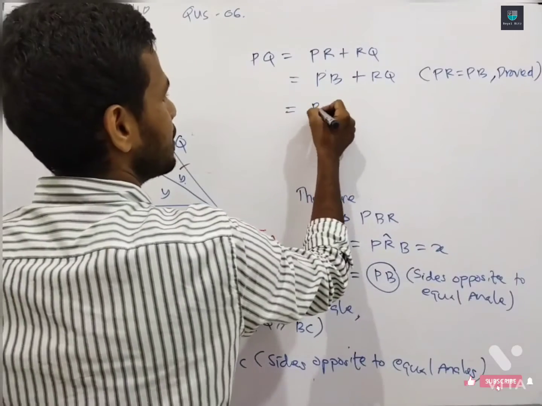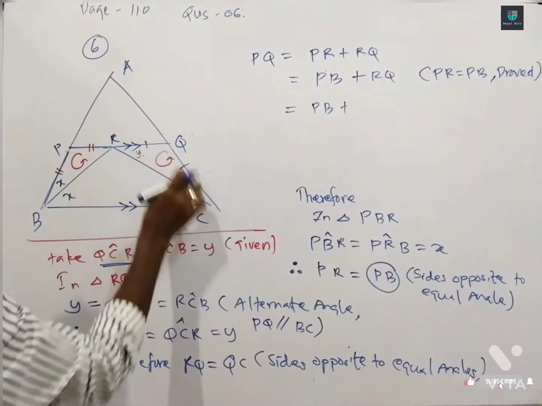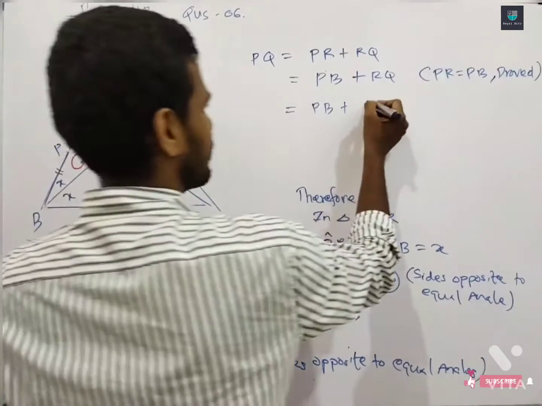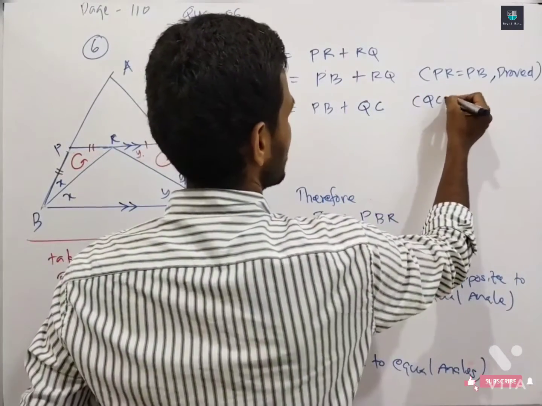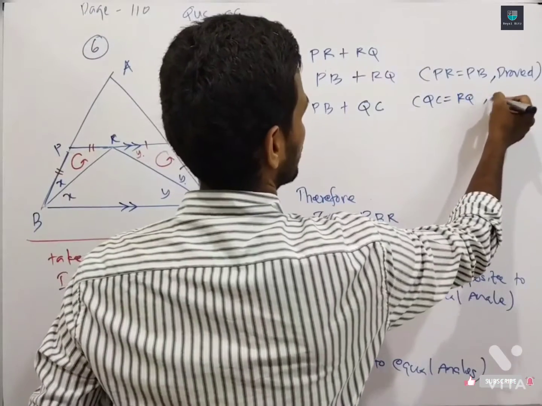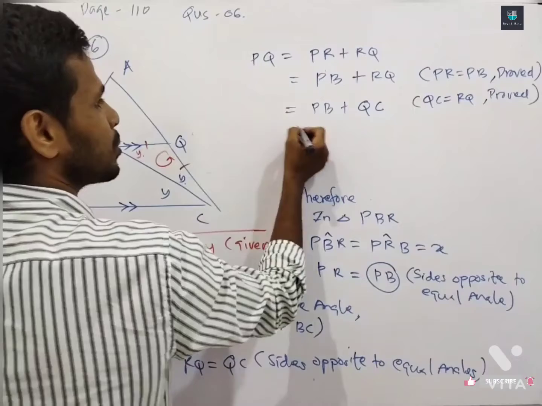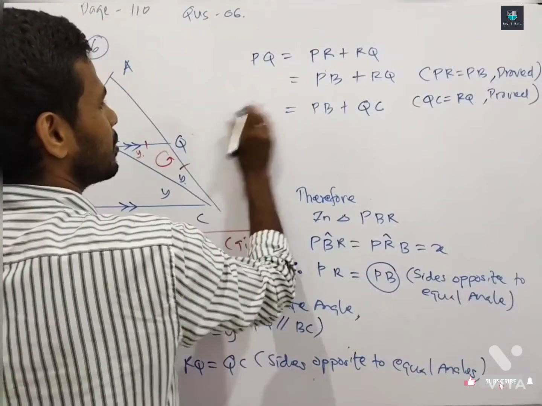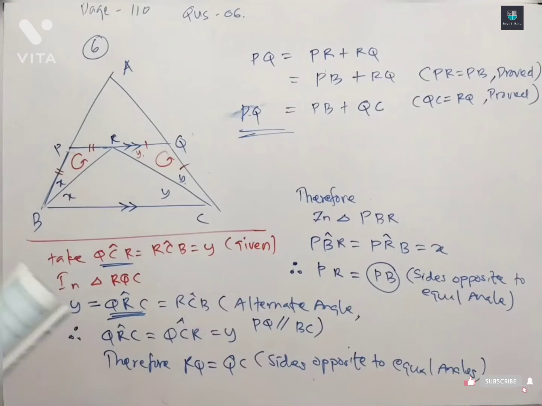Then this is PB plus RQ, and RQ can be written as QC, since RQ equal to QC is also proved. Therefore PQ is equal to PB plus QC. This is what we have to prove.